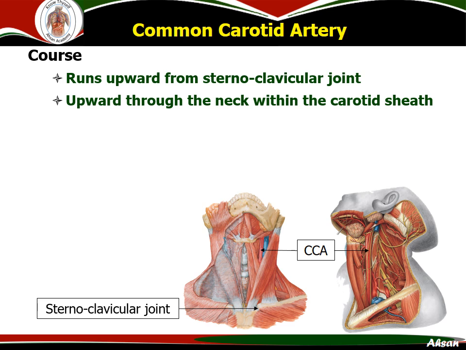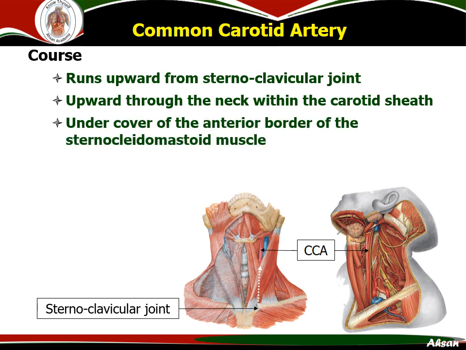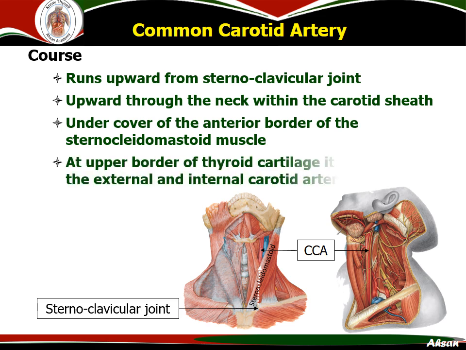It lies in the carotid sheath, and it runs upwards first behind the anterior border of the sternocleidomastoid muscle, and then it is covered by the superficial and deep fascia and the skin. You can see the white dotted line. This part remains hidden under the cover of the muscle, primarily the sternocleidomastoid muscle.